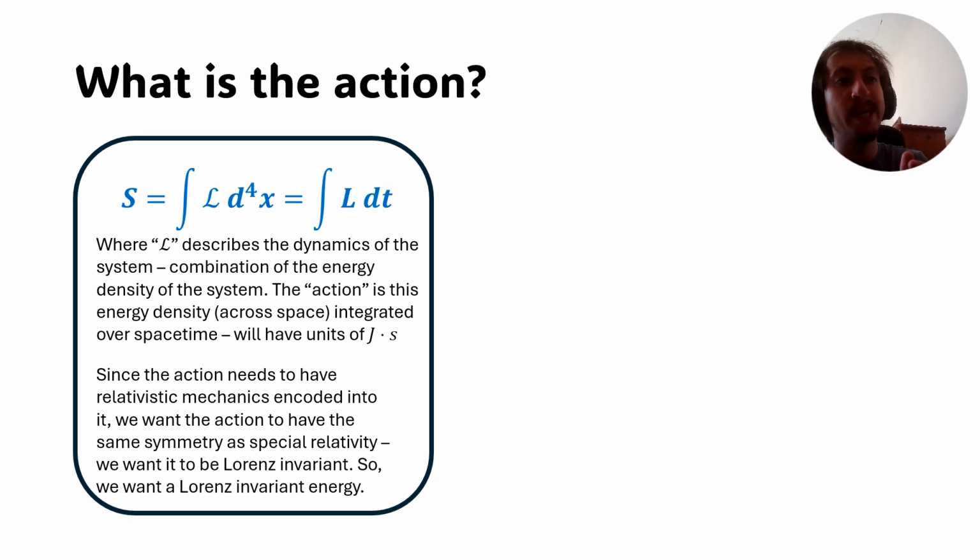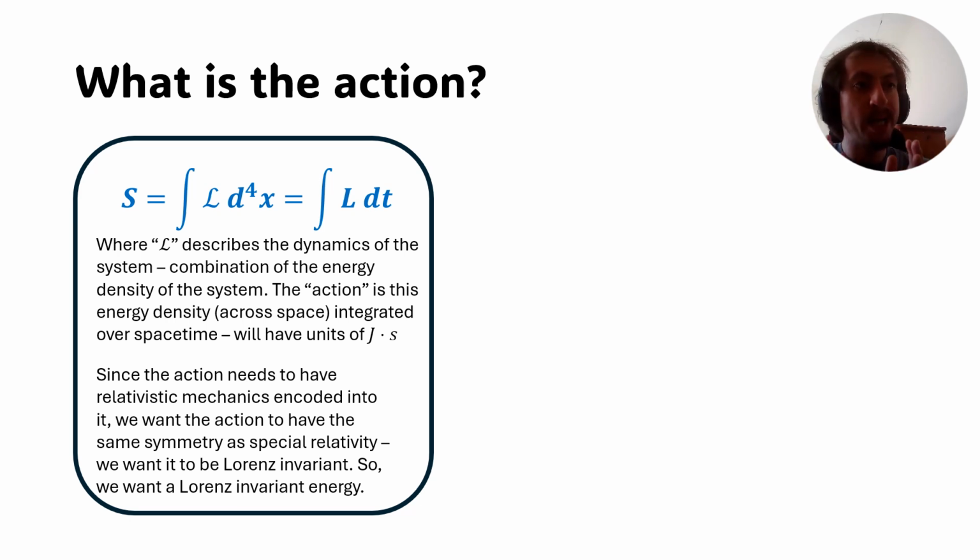We would like the action describing the motion of such particles to be Lorentz invariant, and that's because the fundamental symmetry that defines special relativity is Lorentz invariance. So things like the size of four vectors or the value of Lorentz scalars not changing when we jump reference frames, so mathematically when we undertake a Lorentz transformation.